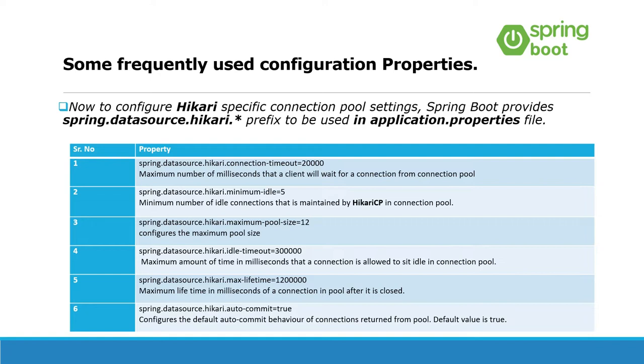Let's say you get 500 requests at a time, then you need to configure a database connection pool. Otherwise, the driver manager data source, if you are using JDBC, will provide you a single connection. So let's say you get 500 requests at a time for your web-based application, and these requests are going to execute in different threads.